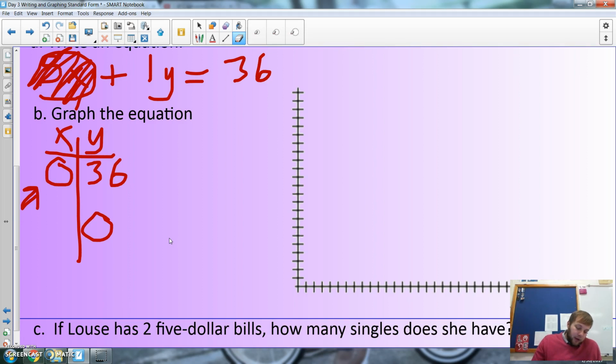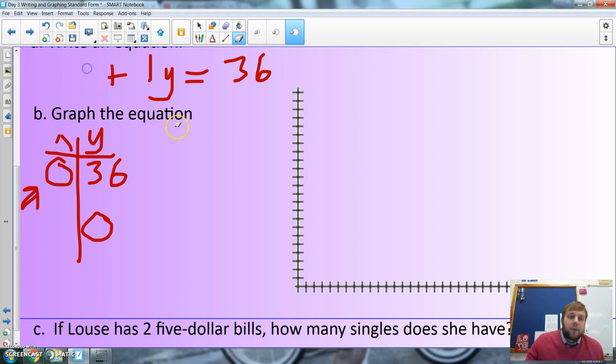Now, if we reverse that, I'm going to have to erase. Let's add that back up here. Okay, 0 y's now. Let's say we plug in 0 y's.